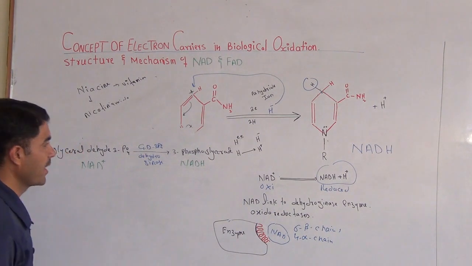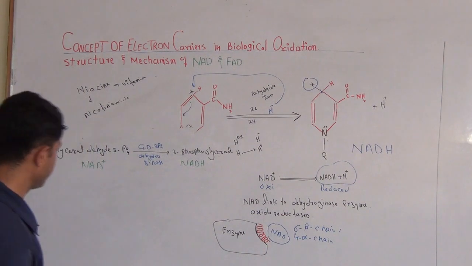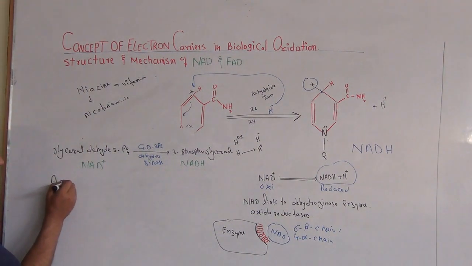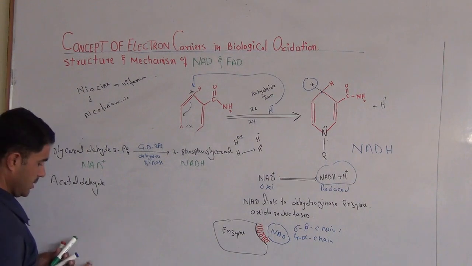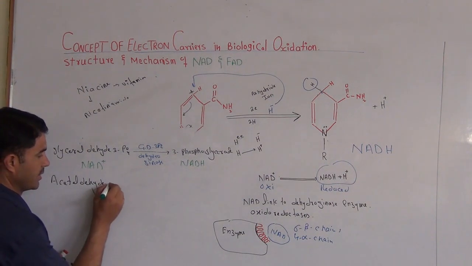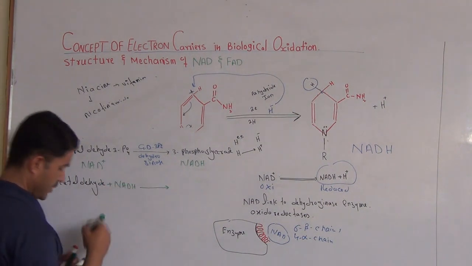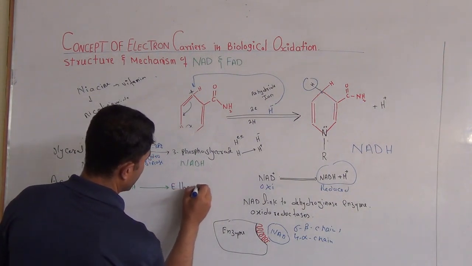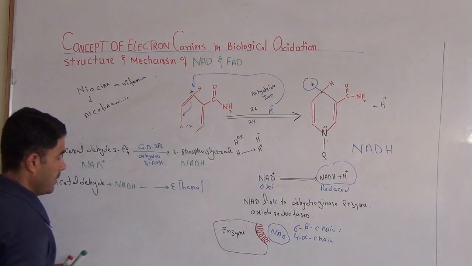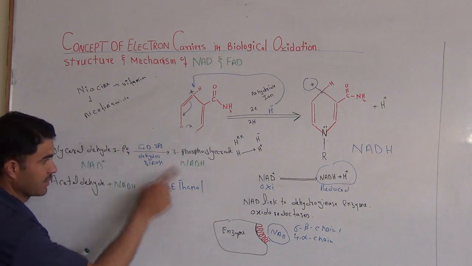Now what will happen? Another reaction will start, which is acetaldehyde. So here is another reaction: acetaldehyde will be converted into ethanol, and with the help of NADH, the acetaldehyde converts into ethanol.